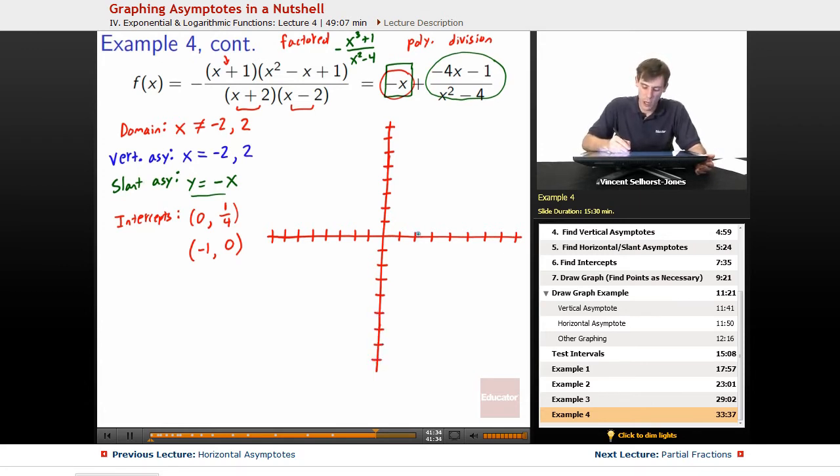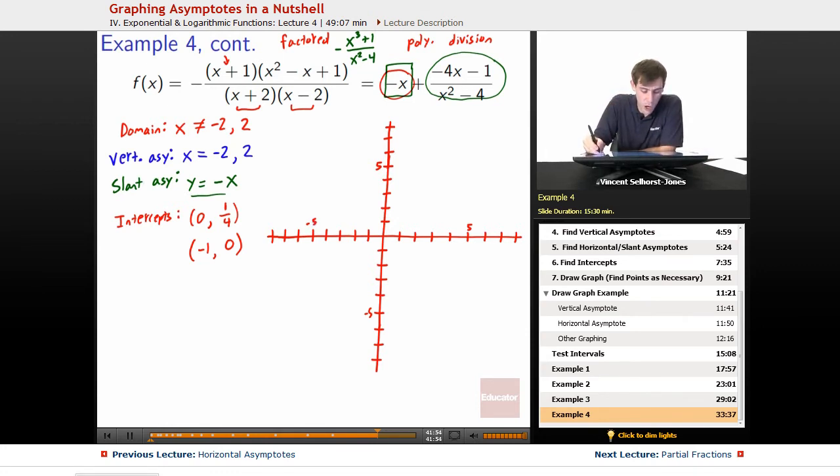I'm going to mark in a location of 5 and negative 5, just so we have a little reference that we can easily find our way around. Great. So we have a little bit of reference there on our graph.